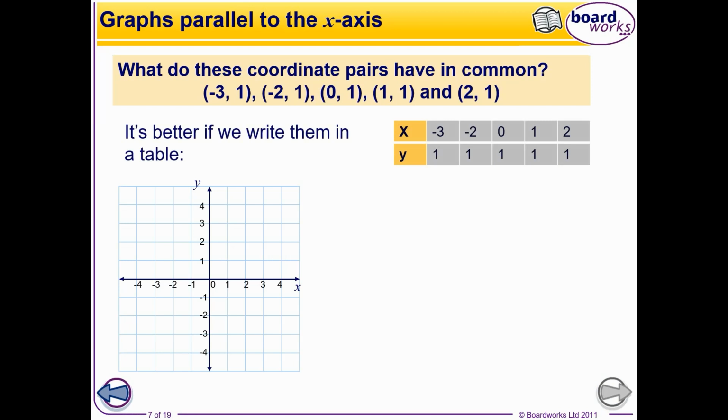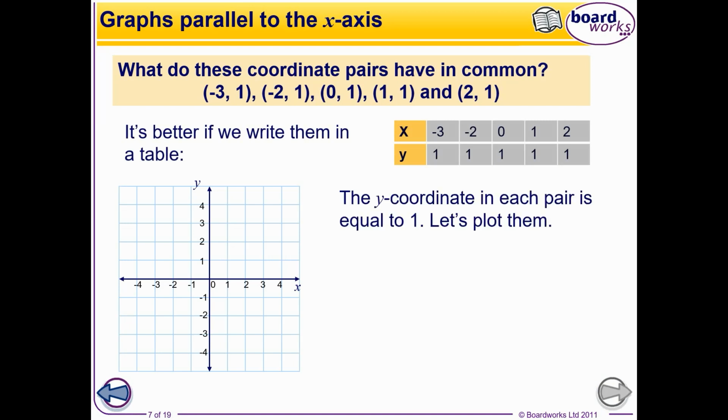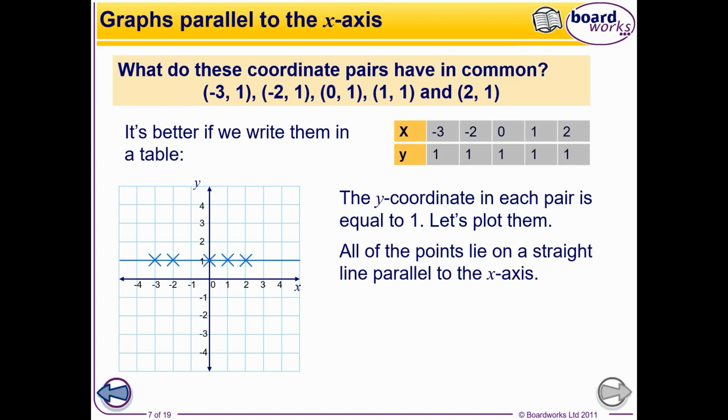Hope that you have noticed that all the y coordinates in each pair is equal to 1. If we plot these points, we notice that all the points lie on a straight line which is parallel to the x-axis.